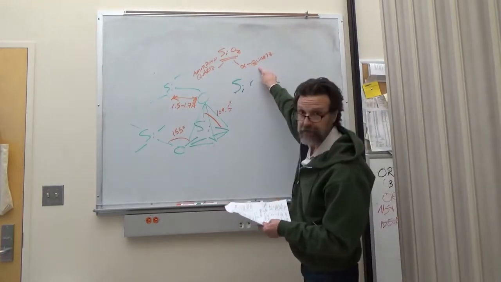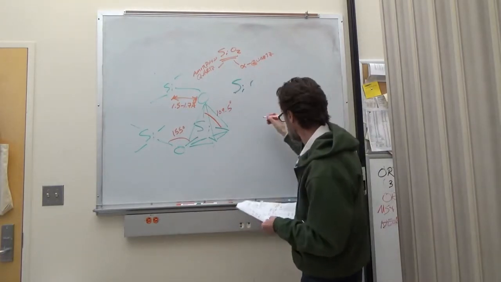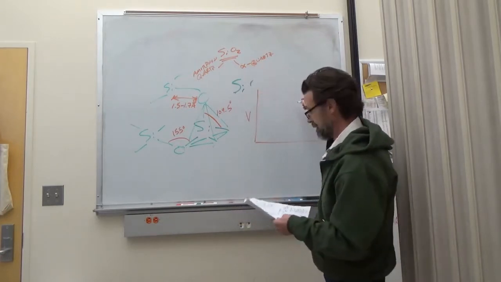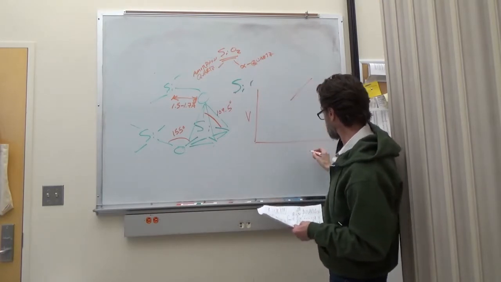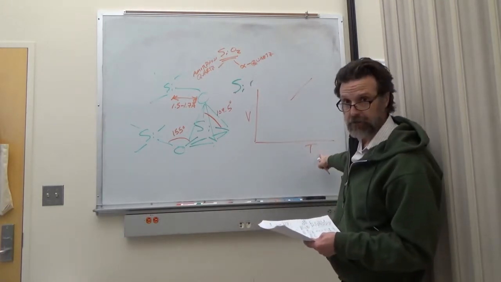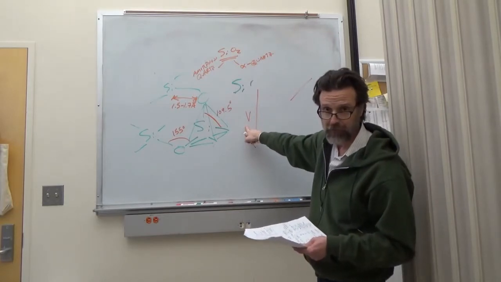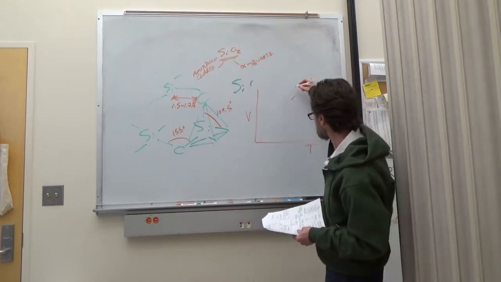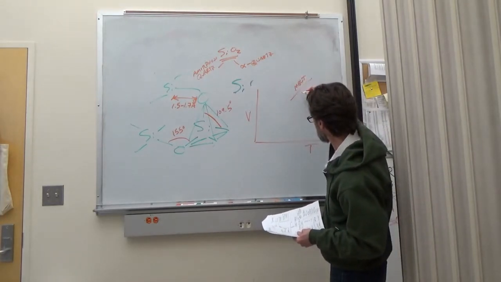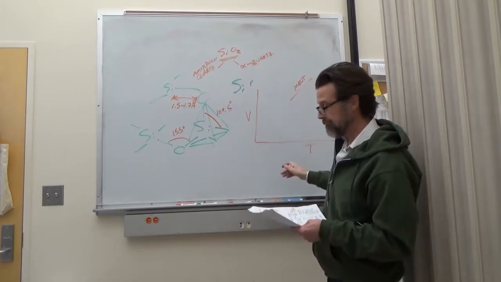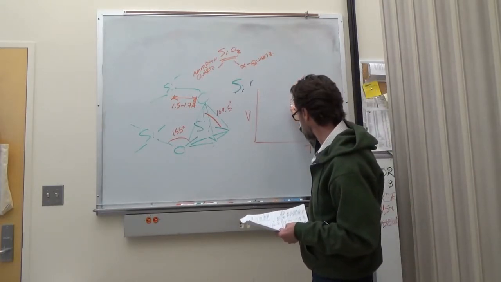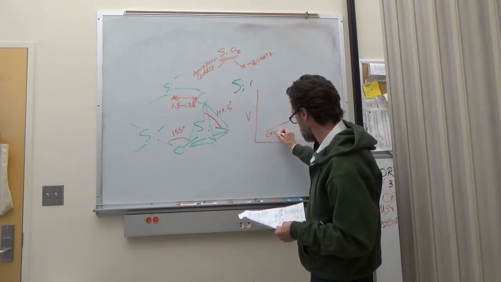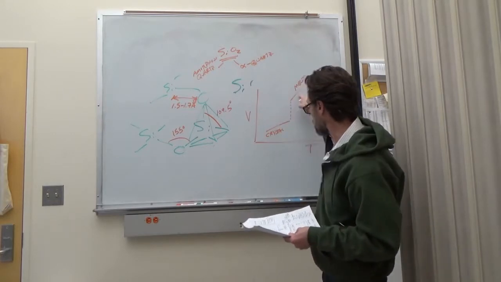So if we made a crystalline material, then if I were going up here, so this is temperature on the x-axis and the volume, or the density if you want to think of it that way, on the y, this is melt, or liquid, then there would be an abrupt change going from the melt to the solid.